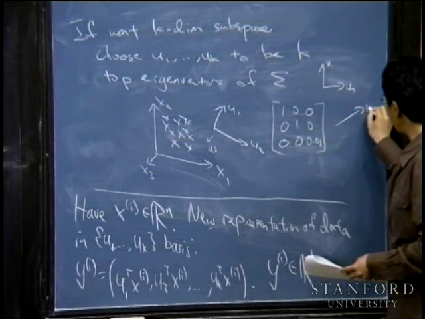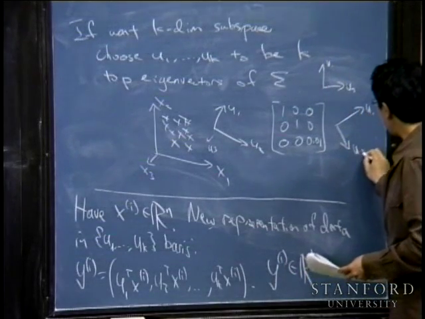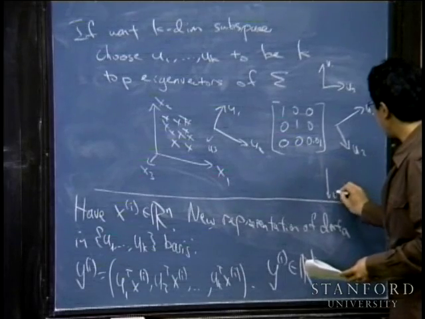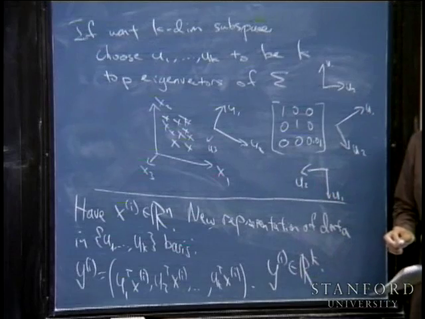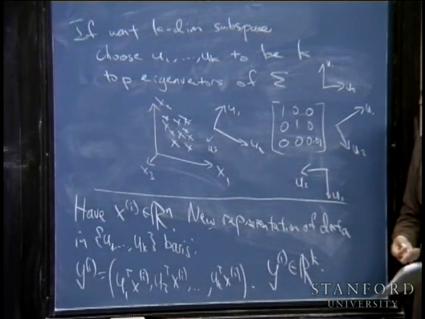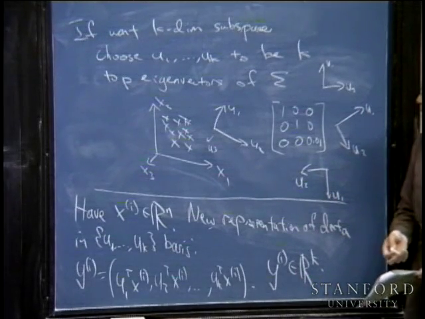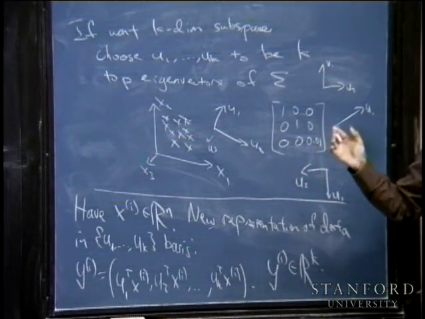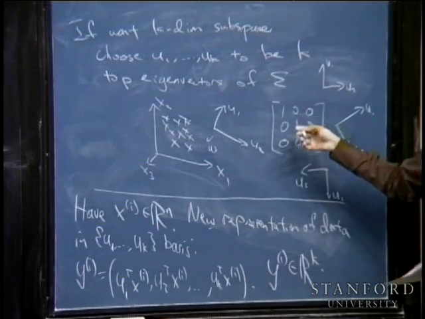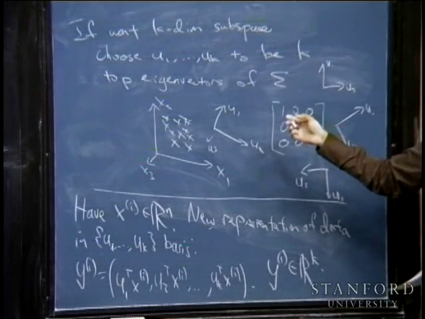I can choose that to be U1 and that to be U2, or choose that to be U1 and that to be U2, and so on. So when you apply PCA, one thing to keep in mind is that eigenvectors can sometimes rotate freely within their subspaces when you have repeated eigenvalues or close to repeated eigenvalues.